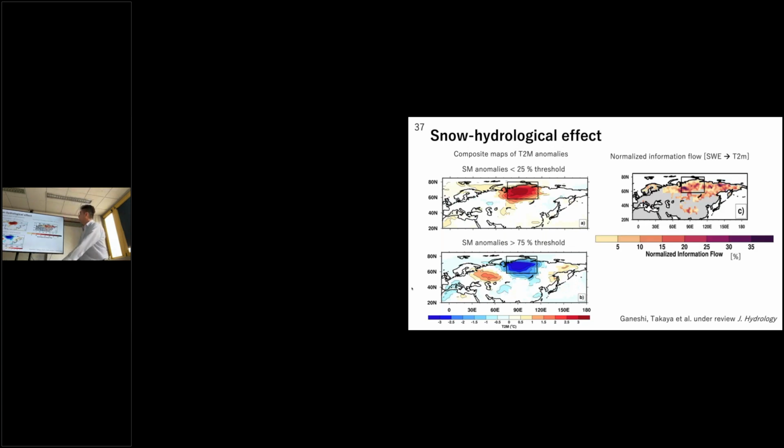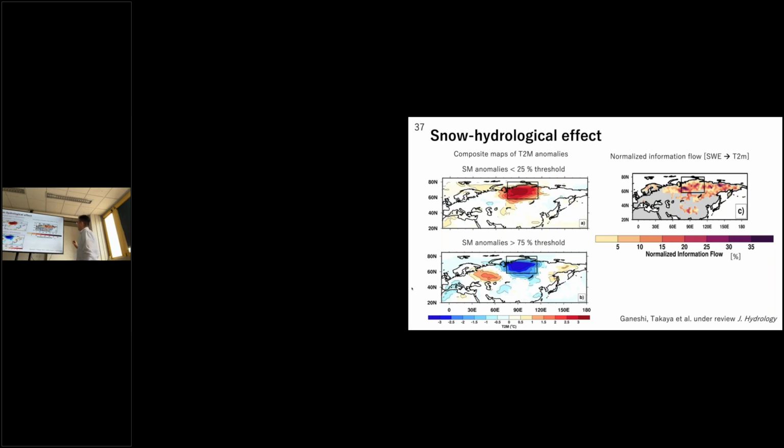And we can also do the same exercise using the normalized information flow. Here, I'm showing the information flow from snow water equivalent to 2-meter temperature in June.